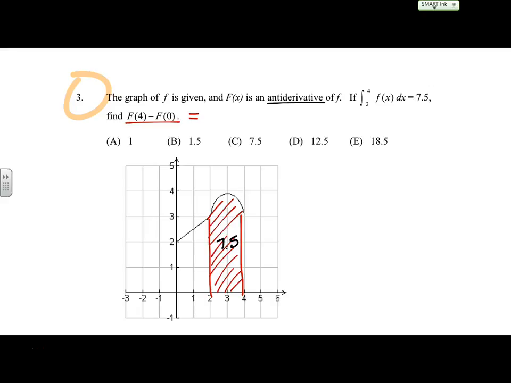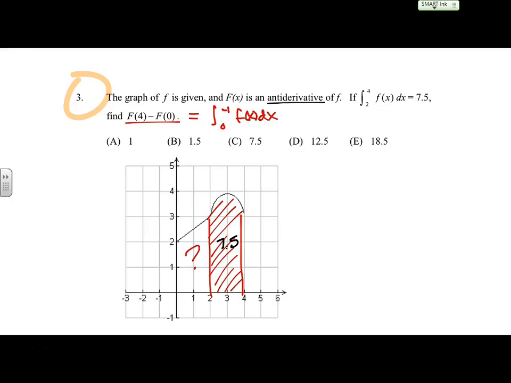What does antiderivative of b minus antiderivative of a equal? Oh, so they're just giving me a super snazzy way of saying find the integral from 0 to 4 of f of x dx. Oh, well that's funny. They already gave me 7.5. They already gave me half of it. What are they asking me to do? Find the rest of it and add it together.